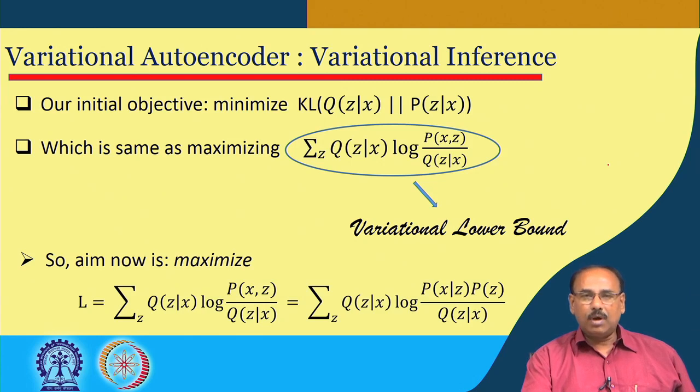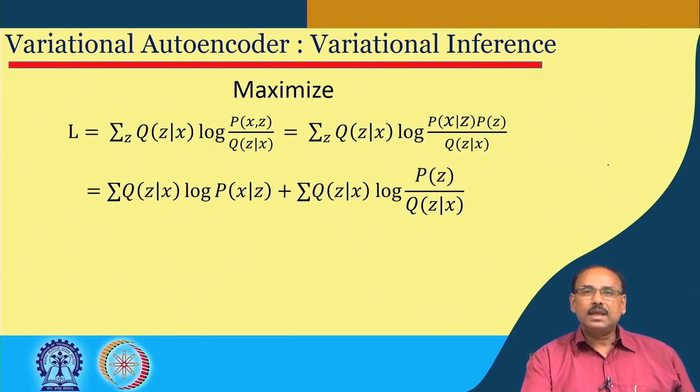So our aim was to maximize this variational lower bound, which can be rewritten as the sum of Q(Z|X) log of P(X|Z) into P(Z) upon Q(Z|X).